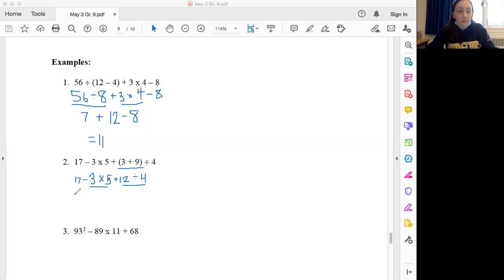So 3 times 5 will give us 15. So we're going to write 17 minus 15 plus, and we're going to do 12 divided by 4, which is 3. Okay, and our next is addition or subtraction. So you're going to do 17 minus 15, which is 2, and then plus 3, which is 5. So I'm going to clear this and move on to example 3.